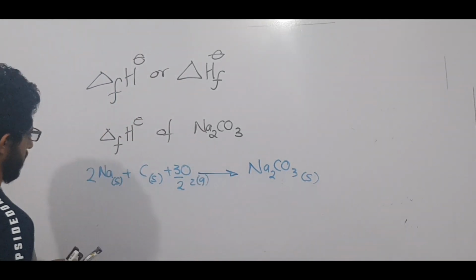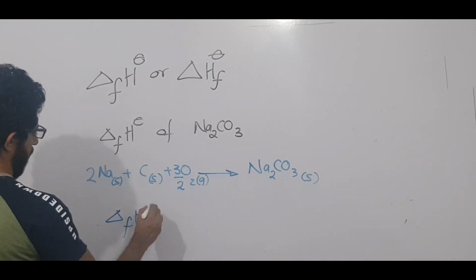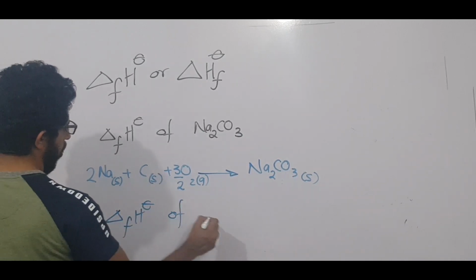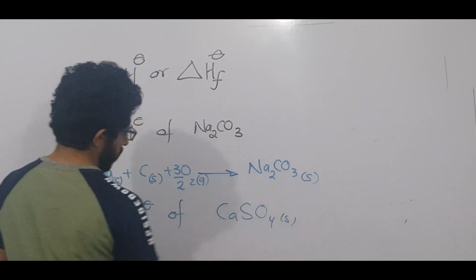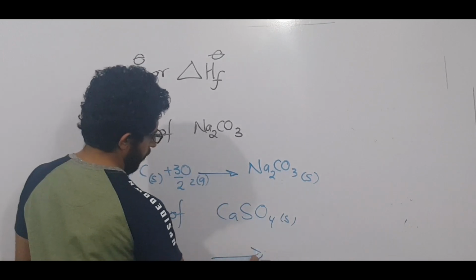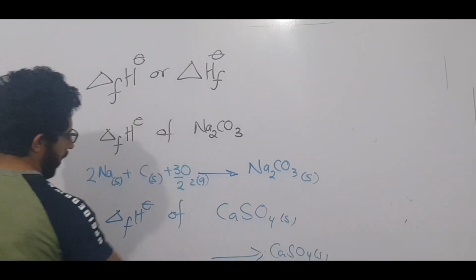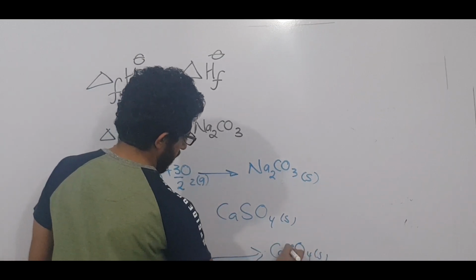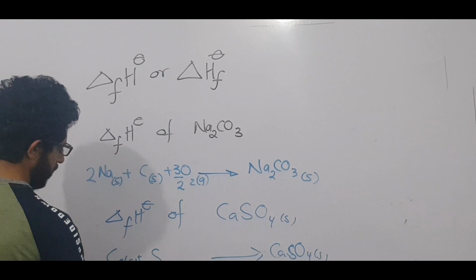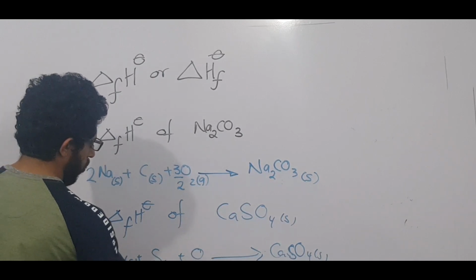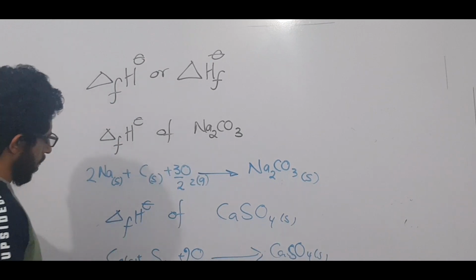If I write another one, the formation enthalpy, ΔH standard f, of let's say calcium sulfate CaSO4. That is the enthalpy change of formation of 1 mole of calcium sulfate solid from calcium solid, sulfur solid, and oxygen O2 gas. 4 oxygens, so you should have 2 O2.